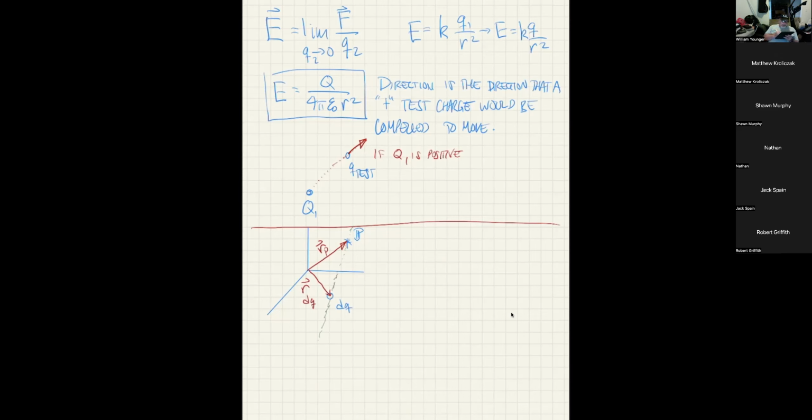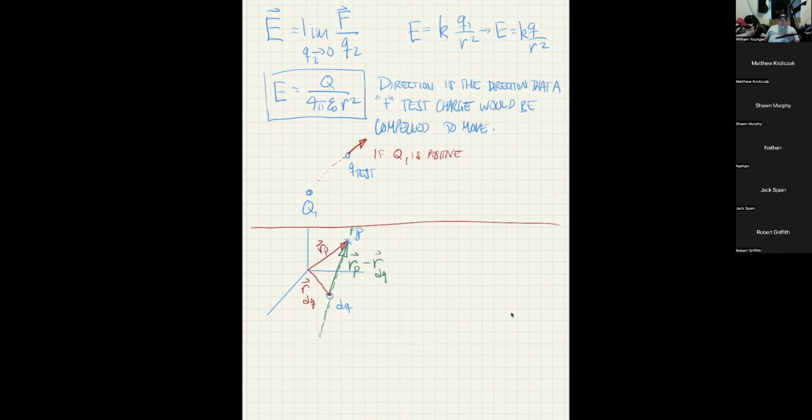Is it some kind of vector addition? Could be. What do you think? Wouldn't it just be RP minus RDQ? Perfect. Yes. The vector that we want is RP minus RDQ.